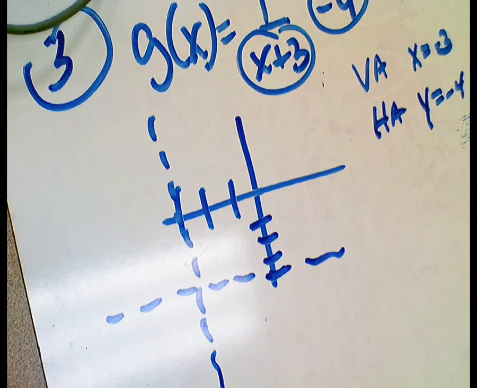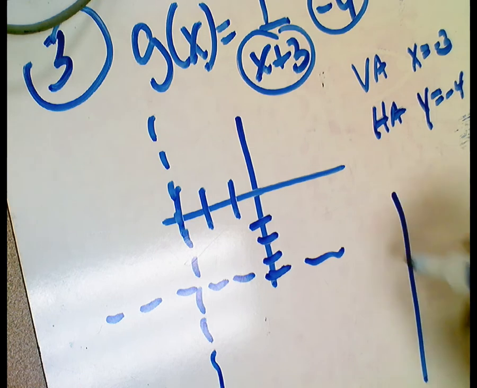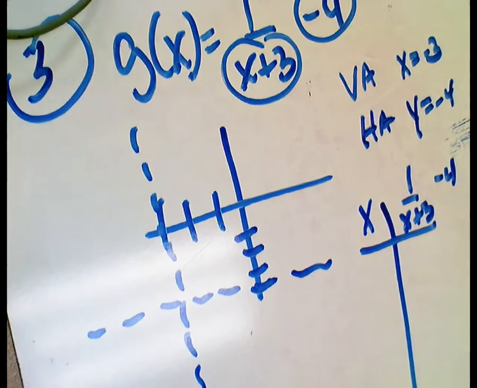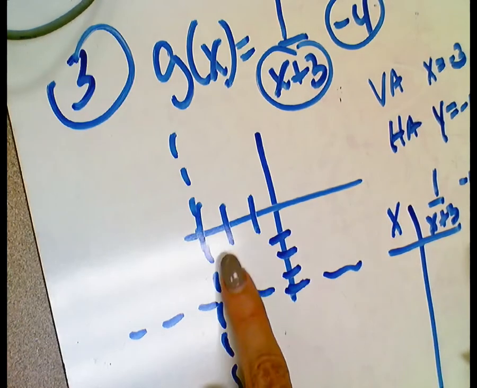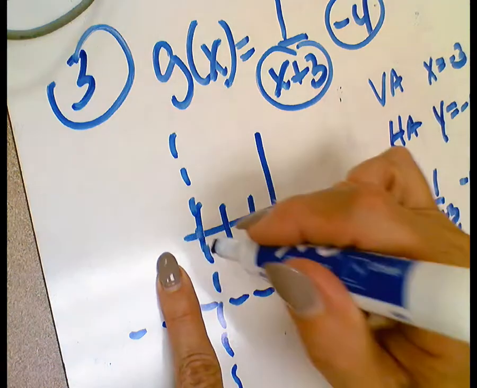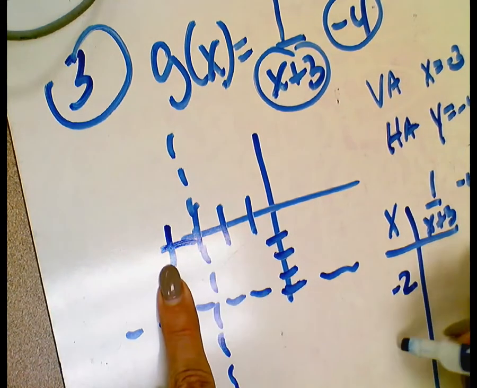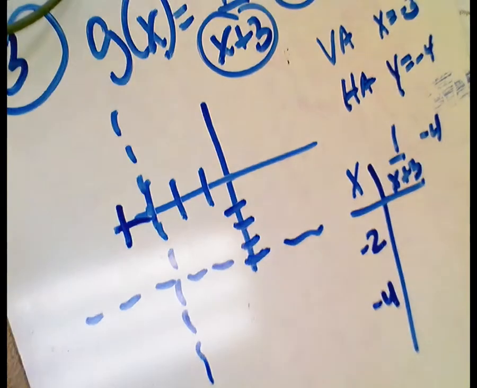So it's a non-calculator, so if you're doing this by hand, make a t-table. The 2 points that I would plug in if I was you are the numbers to the right and left of the vertical asymptote. So I would plug in -2 and I would plug in -4. They're going to be nice numbers.